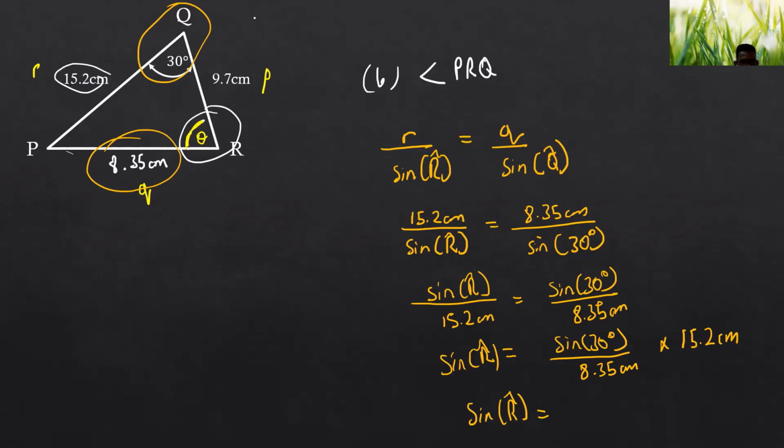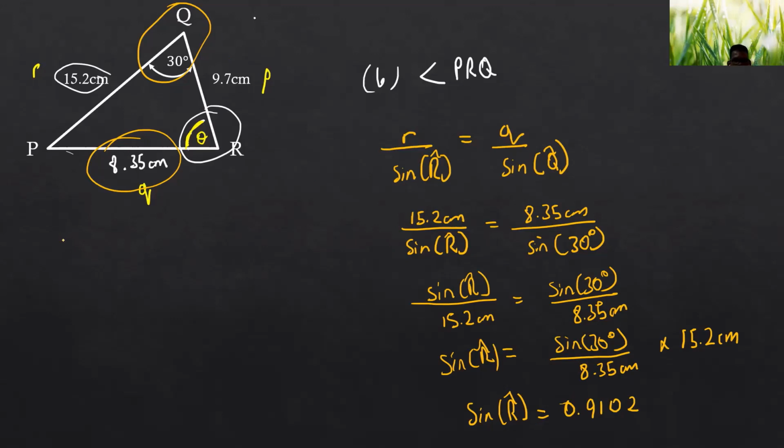So sine 30 goes over 8.35 multiplied by 15.2, and we're left with 0.9102.